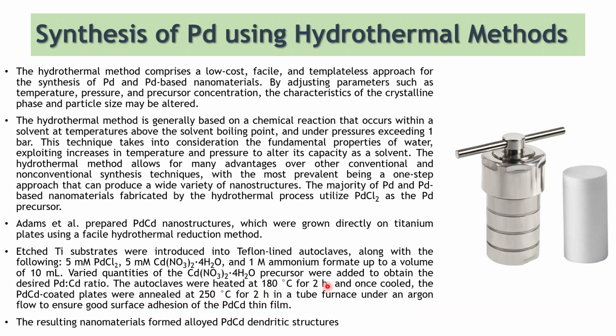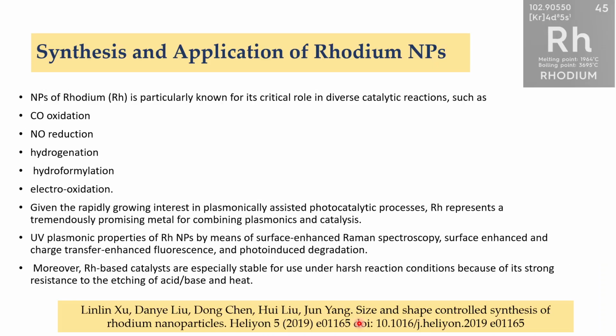Once cooled, the Pd-Cd coated plates were annealed at 250 degrees Celsius for 2 hours in the tube furnace under an argon flow to ensure good surface adhesion of Cd, Pd thin films, and this resulted in the nanomaterials forming alloyed PdCd dendritic structures.